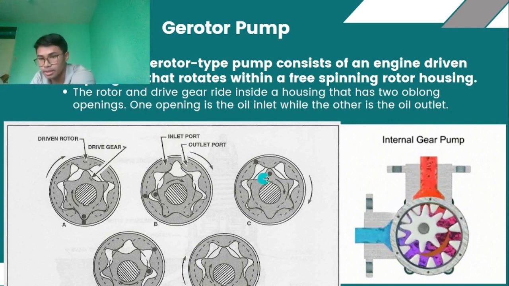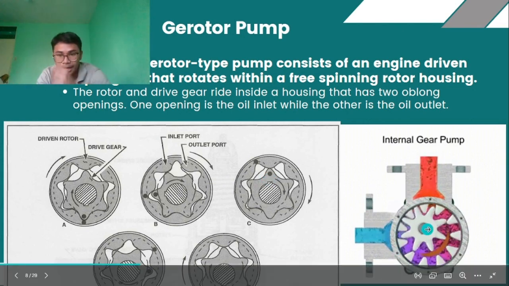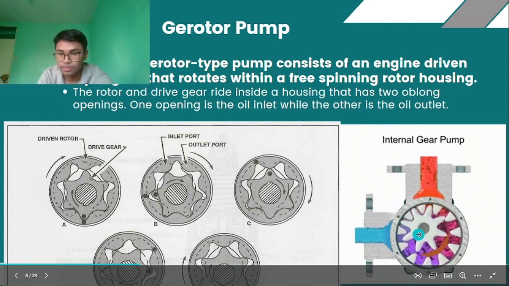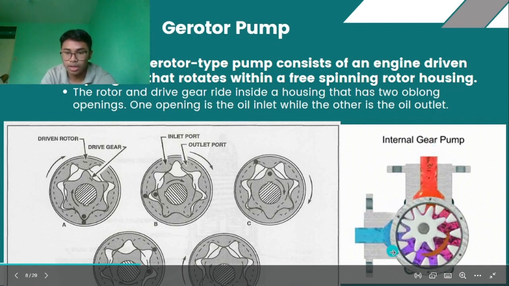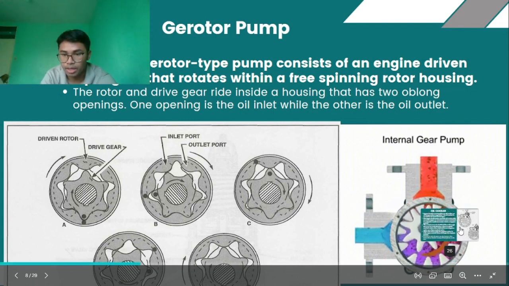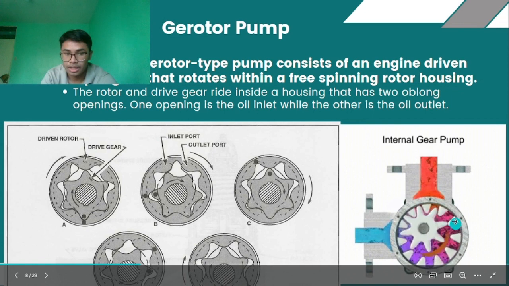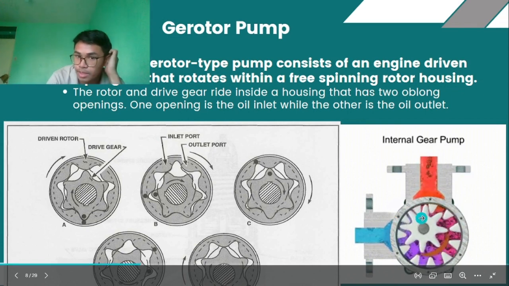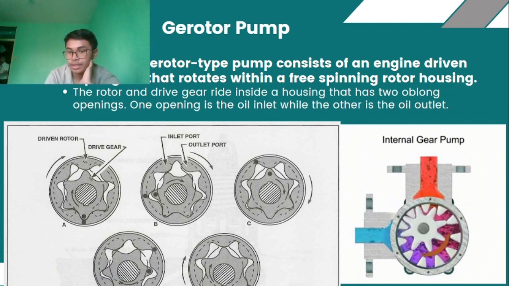So makikita natin dito, dito yung papasok, dito ang palabas. So ang nangyayari is umiikot yung housing. So there is a certain amount lang ang nakakapasok dahil nga umiikot. And ito is positive displacement rin katulad ng gear type.